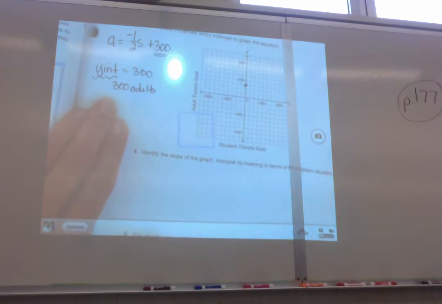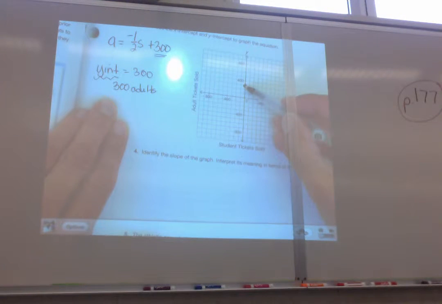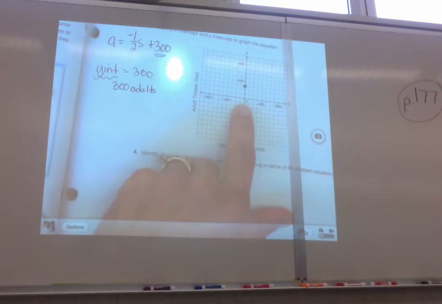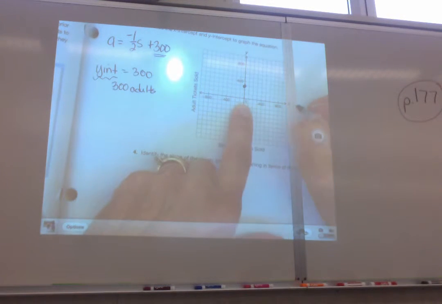Y-intercept is 300 adults. If you're right here, how many student tickets did you sell? None. Because if you look at the student axis, are you to the right? No. Or the left? No. In the x-axis, you're right in the middle, and right in the middle has a value of 0 for the x-axis.